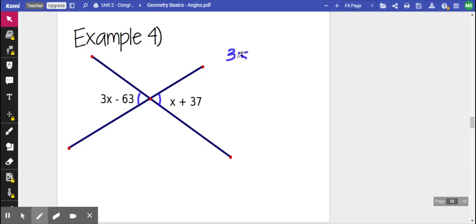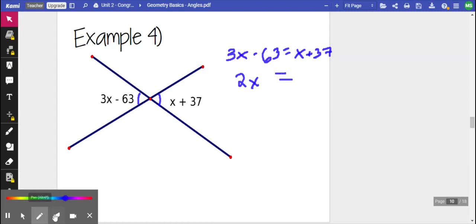And so I can write 3x minus 63 is equal to x plus 37. And I can just use my solving equations to subtract x from both sides first. And we would need to get rid of the numbers second.